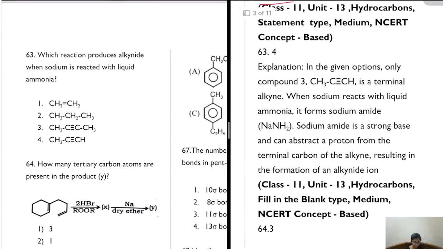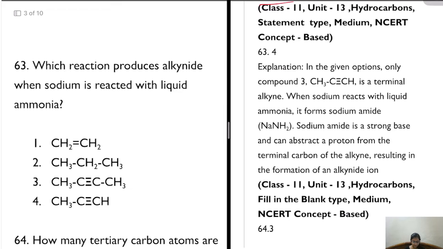Now let's see the next question. Which reaction produces alkynide when sodium is treated with liquid ammonia? Sodium and liquid ammonia extract a proton from the terminal alkyne.